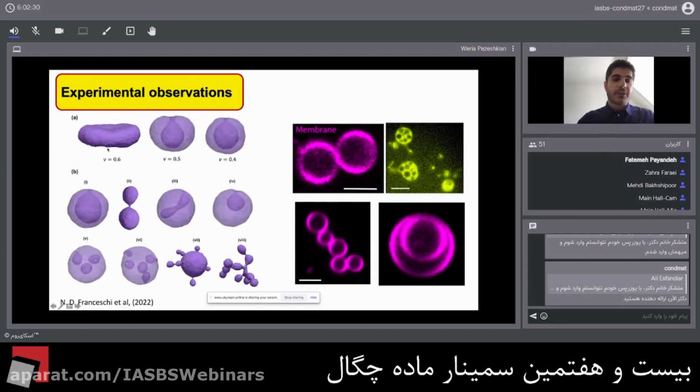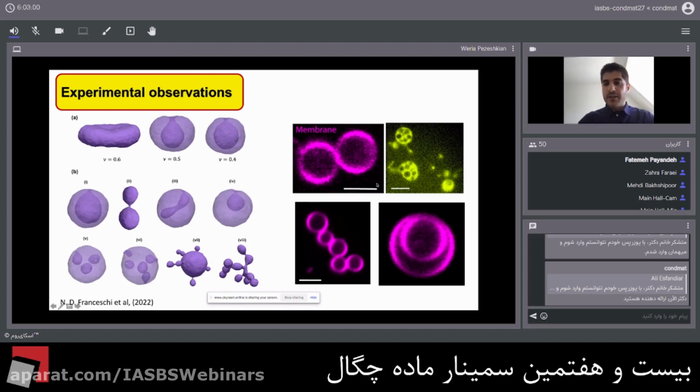These are known results. I mean, this is not new. Based on this, we have a transition from a discoid to a stomatocyte structure that was also predicted by theory, and then you can see other types of structures that can be obtained if you have spontaneous curvature, negative or positive, depending on the volume or reduced volume of the system.